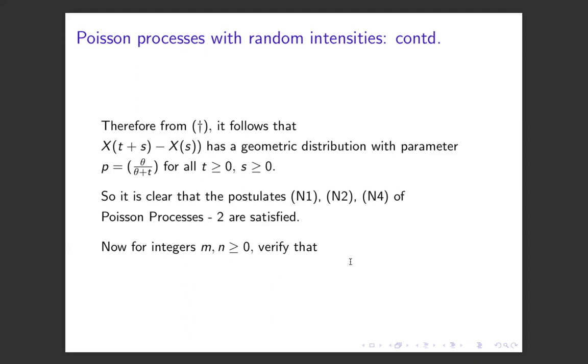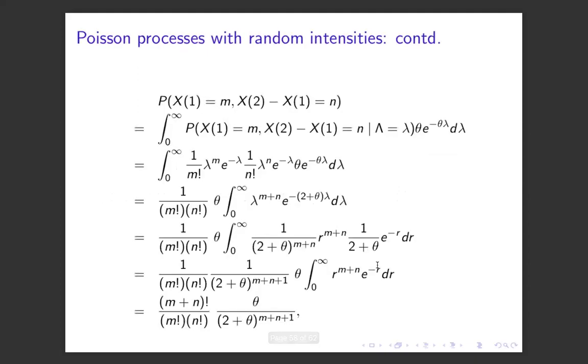So towards that end, let's take integers m and n. Since I have already written like this, the next slide is going to follow a big sequence of equations. So we will take the increments, of course, X1 and X2 minus X1.